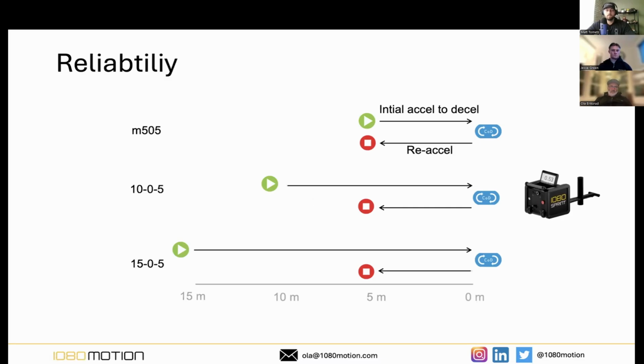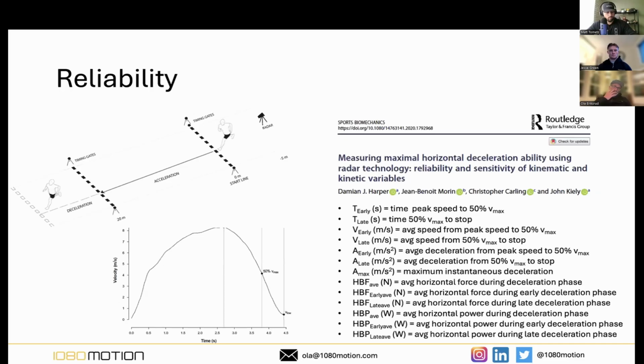So we got all this data, and then Damien had just come out with a cool approach where he looked at deceleration. And this paper goes back a number of years, but we were right behind, so to speak.